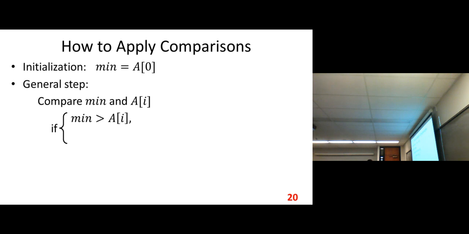In that situation, we update the min variable, its value. We get a smaller element. Otherwise, that means min is less than or equal to a of I. We do not change.